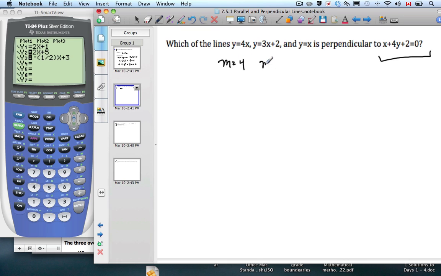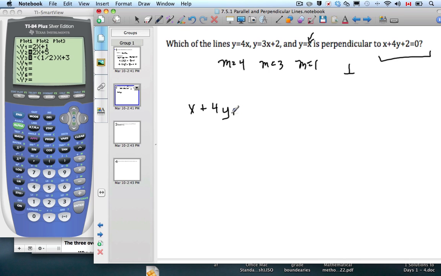This one, 3. This one, don't be tricked. I want to say x, but you said don't be tricked, so it's got to be 1 in front of the x. The coefficient of your x variable. Right. And the last one, if we're looking for it to be perpendicular, that's a symbol for perpendicular, to this equation, we should probably evaluate that equation. So we find the slope.